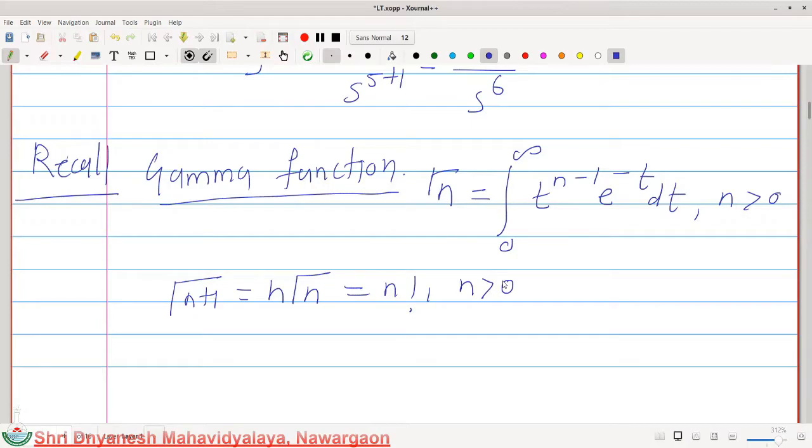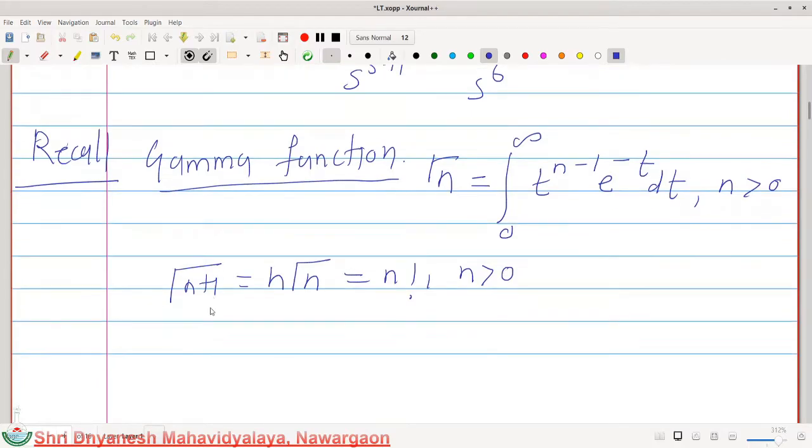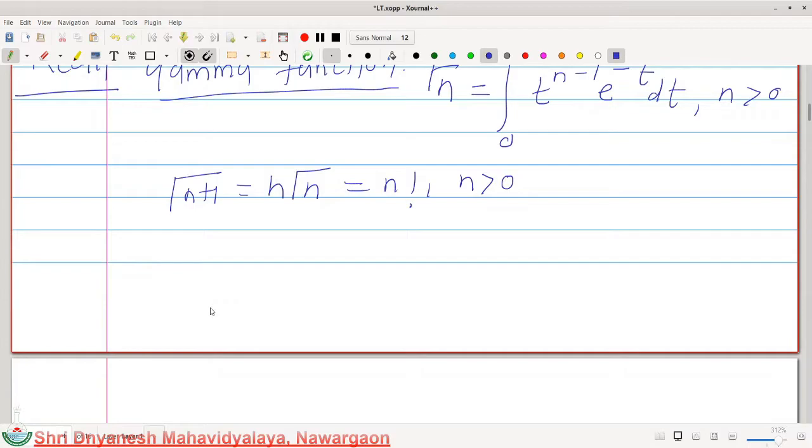And what if n is negative? Let me write that also. Remember, this is when n is positive.